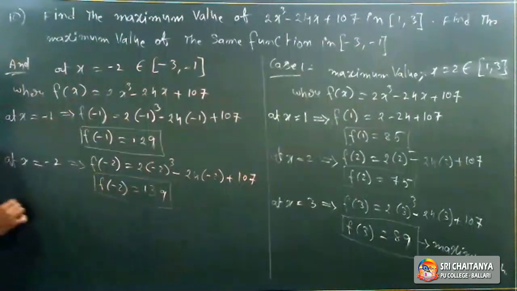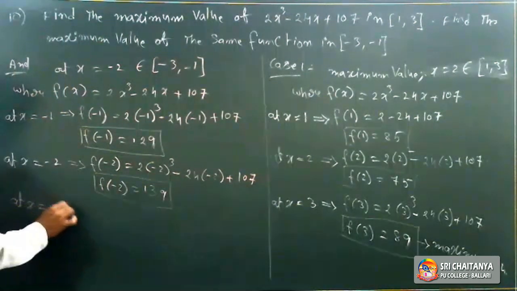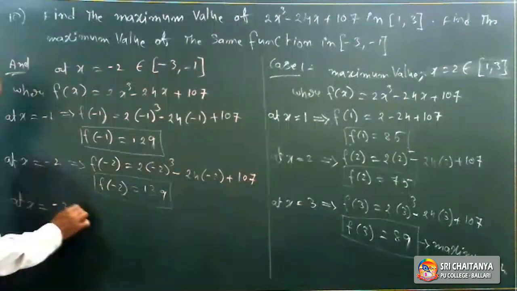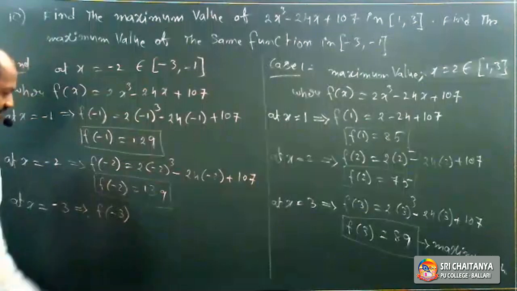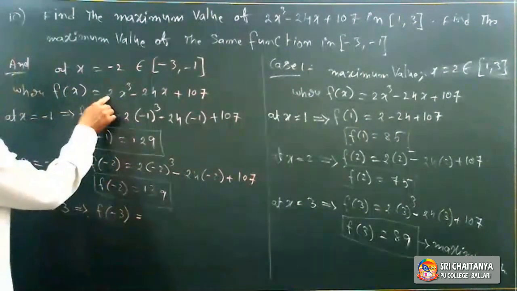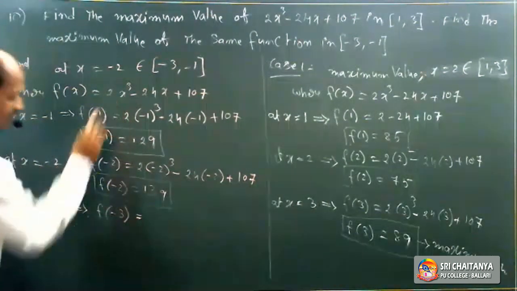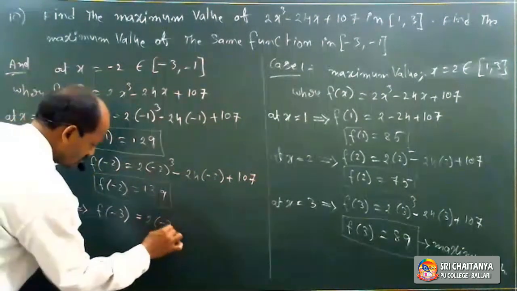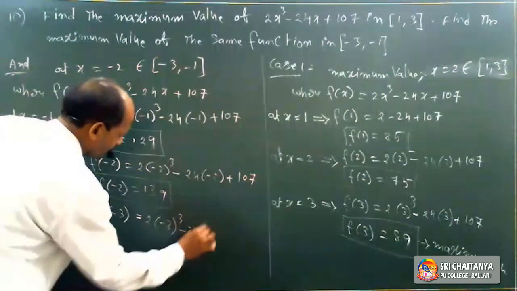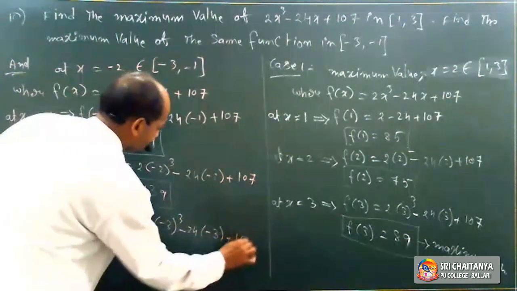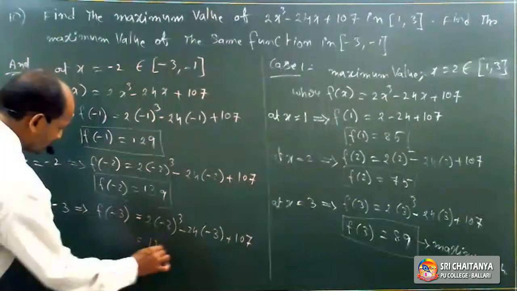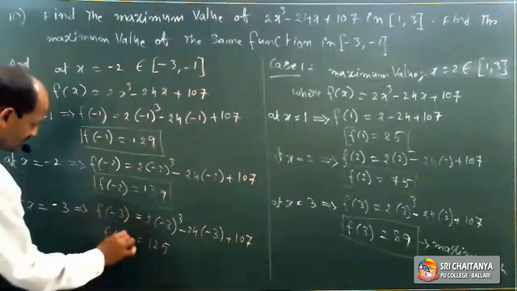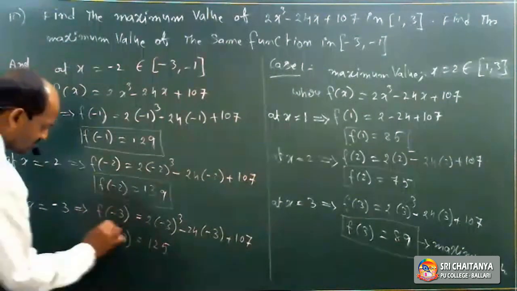Next, at x = -3, f(-3) is equal to 2 into (-3)^3 - 24 into (-3) + 107. Then we get 125. It is f(-3).